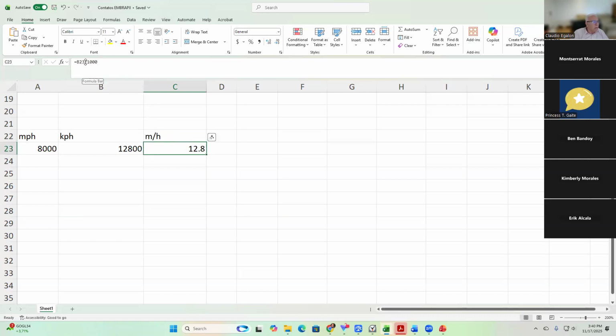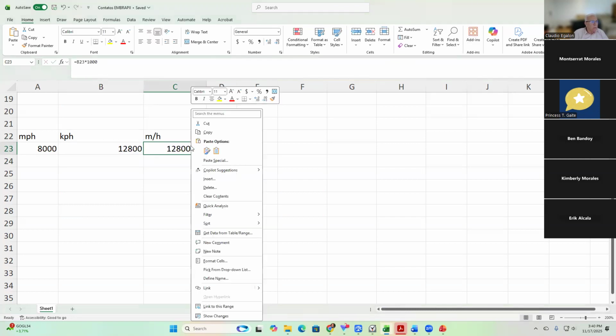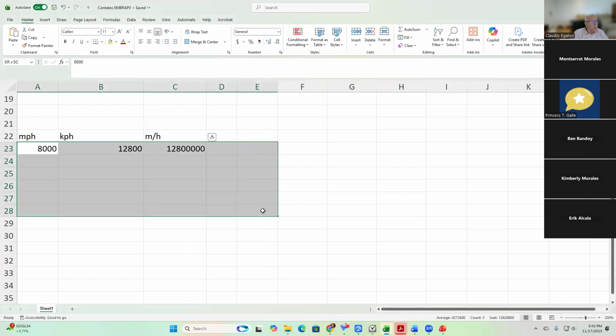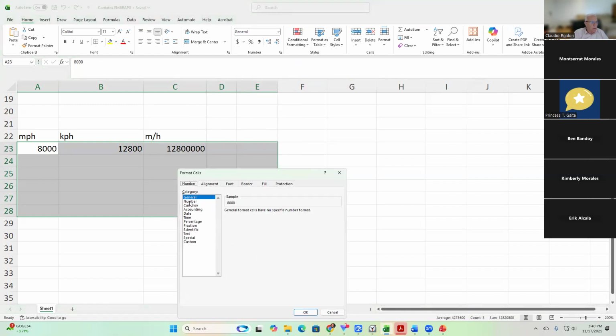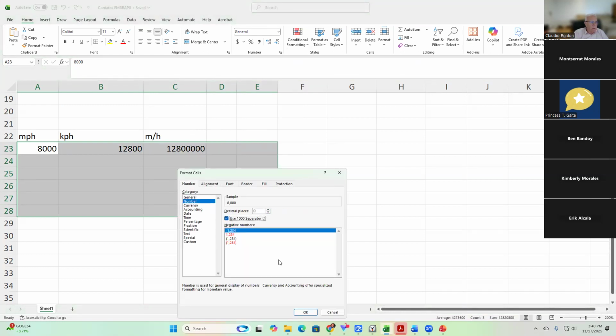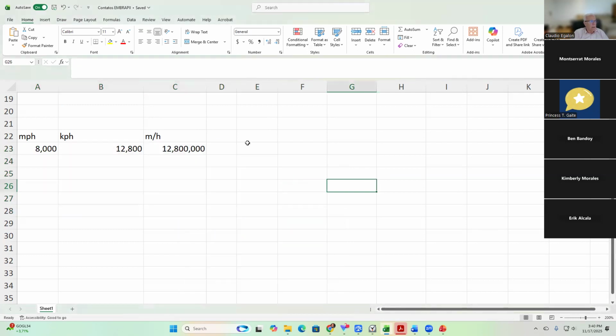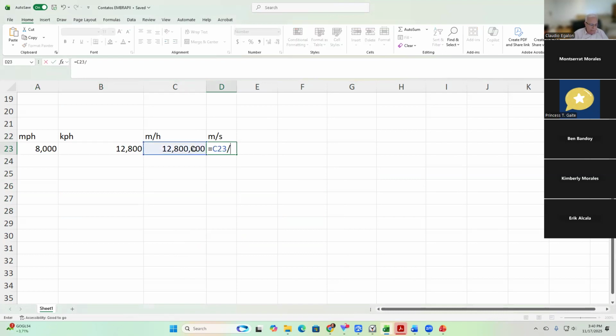Then for meters per second, we divide by 3,600 and see what we get. About 3.5 kilometers per second.